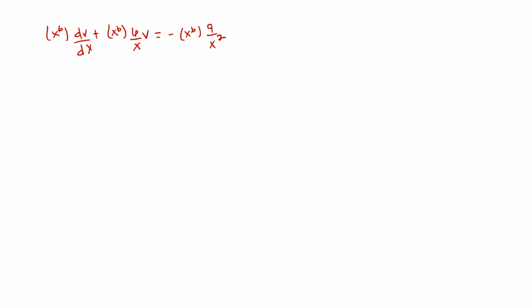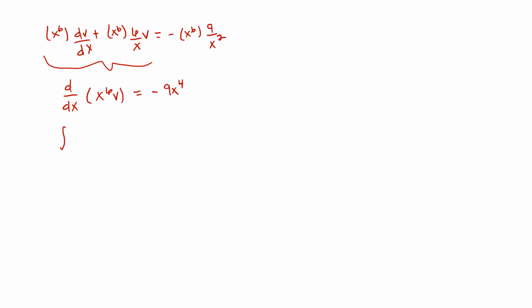All right, so I know the left side is going to be the derivative of x to the 6th power v dx equals, if we simplify the right-hand side, negative 9x to the 4th.